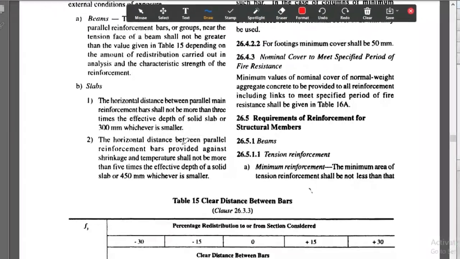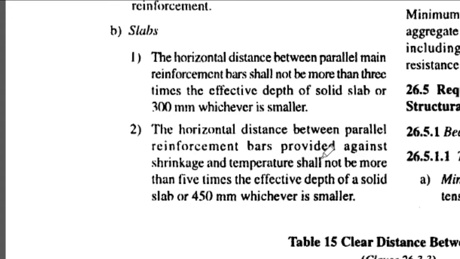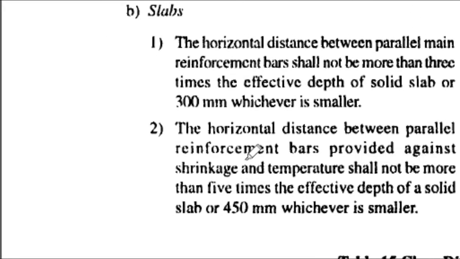The horizontal distance between the parallel reinforcement bars provided against the shrinkage and temperature, okay, so the minimum steel is also called as shrinkage steel or temperature steel, shall not be more than, here you can see, shall not be more than 5 times the effective depth. Here it is given 5 times the effective depth.